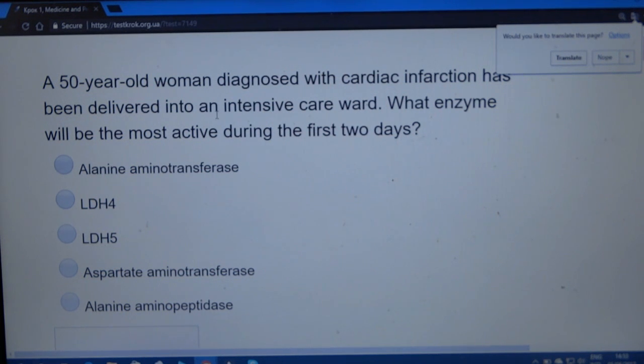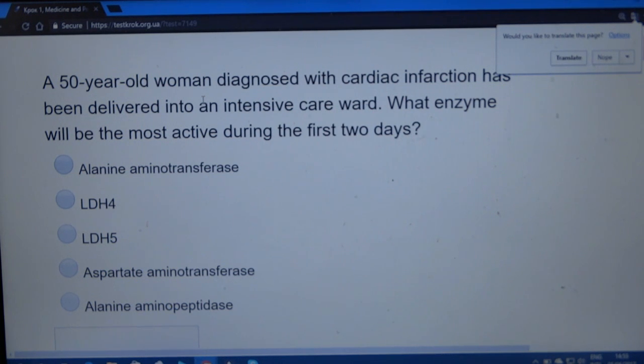Aspartate is normally found in the liver, the heart, the skeletal muscles, the kidneys, the brain, red blood cells. So serum levels of AST level, ALT level, and their ratio are commonly measured clinically as biomarkers for liver health, usually for liver.